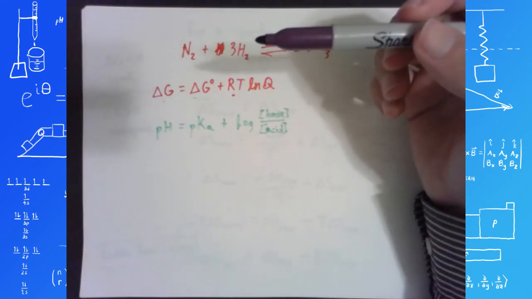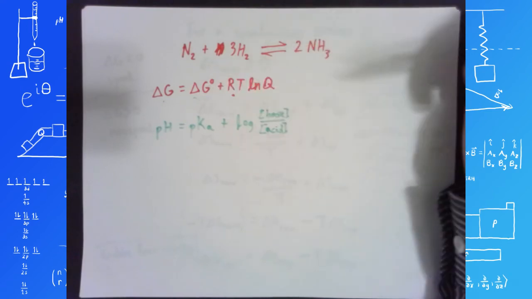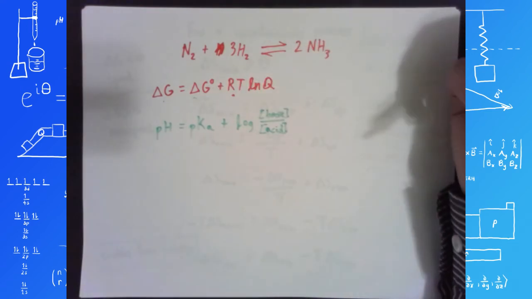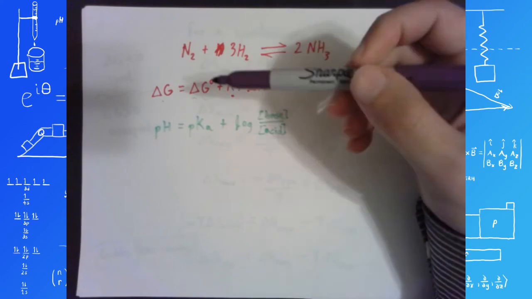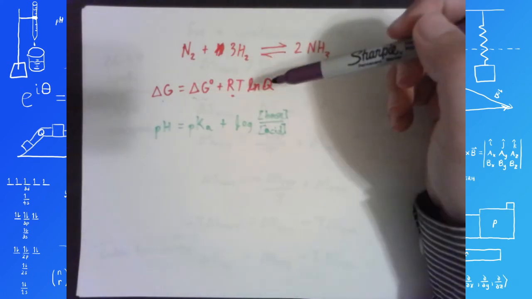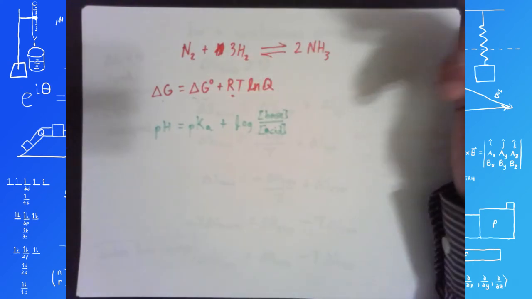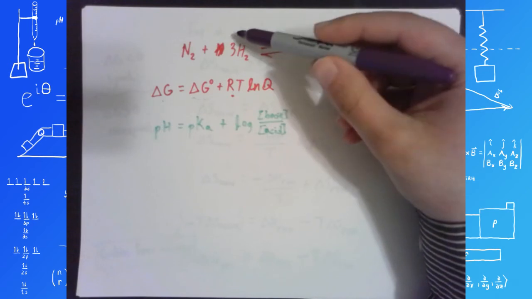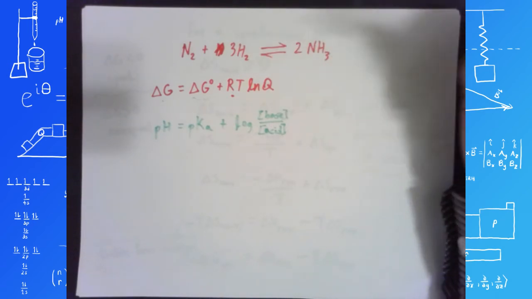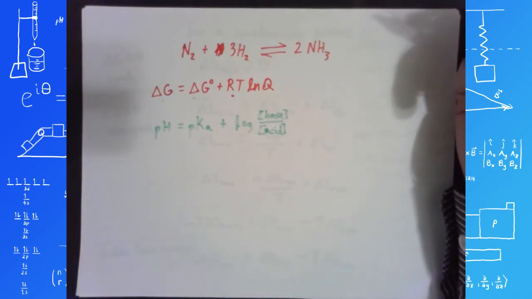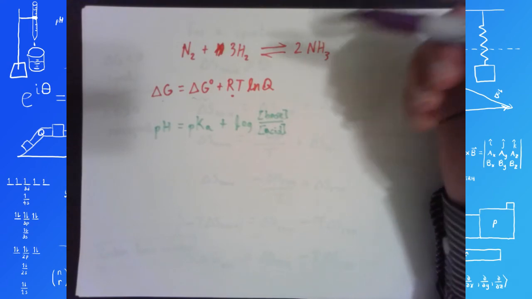So let's figure out first how you would determine delta G standard. If the reaction is at equilibrium, then neither the forward process nor the reverse process is spontaneous. So in that case, delta G would be 0.